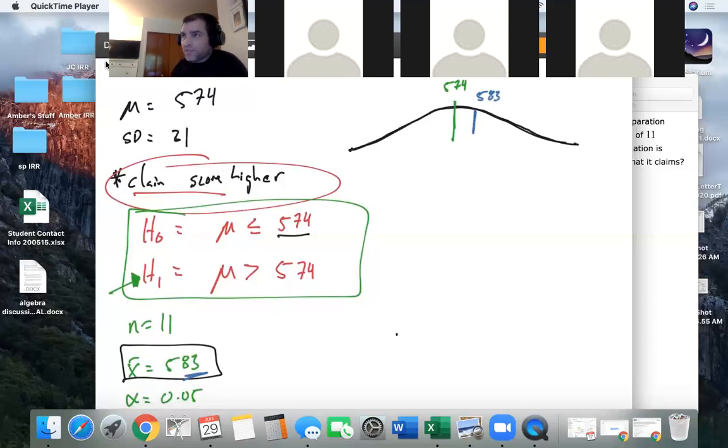But these are just samples. Really, we don't know what the actual sampling distribution looks like. We're just testing this against a theoretical one that we've built here.